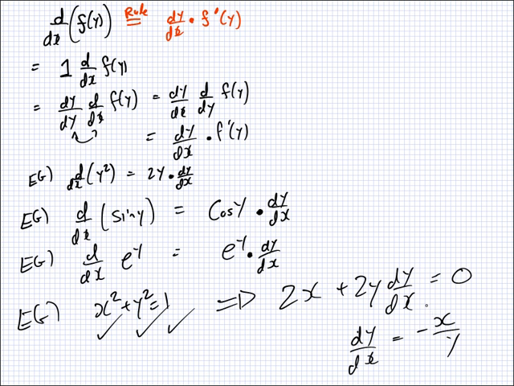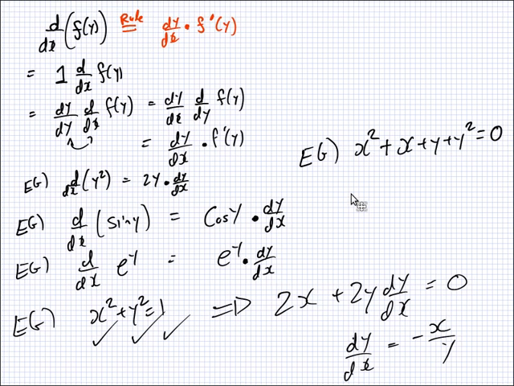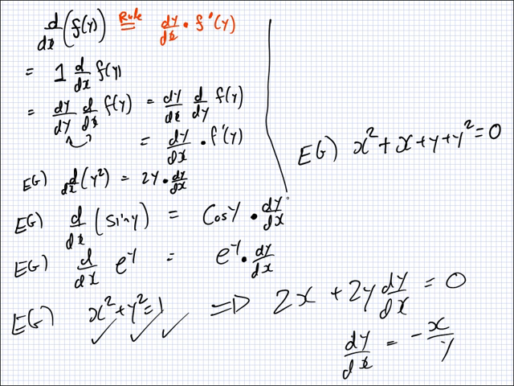See? Now this method is very good for hard problems like this. Let's say x squared plus x plus y squared equals 0. Okay, so I have 4 examples, here's the 5th example. Maybe you guys can tell me what to do here.